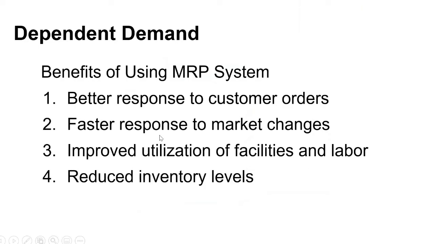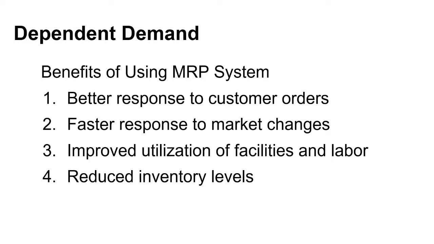So the dependent demand is used in MRP. The benefit is that when we know how much to produce and when, it will make our production or our process faster. McDonald's uses this. If McDonald's has the demand to produce 100 burgers a day, they need to have the quantity required for making this product.